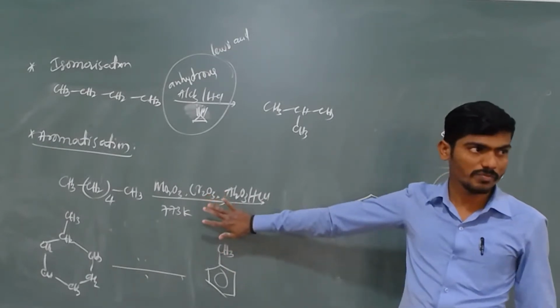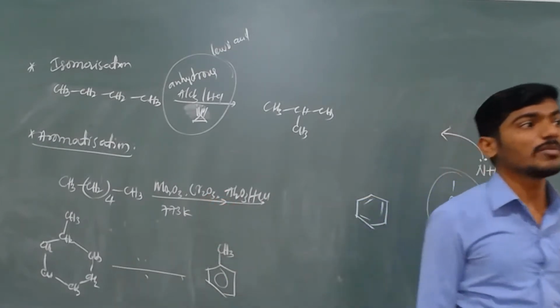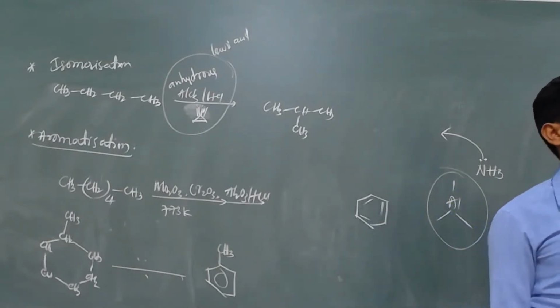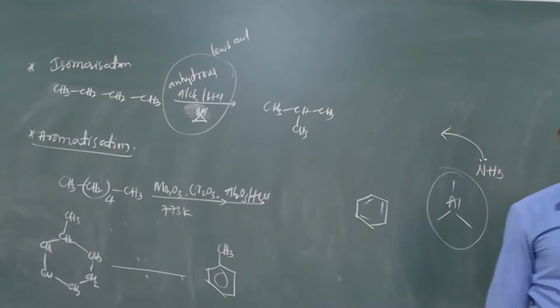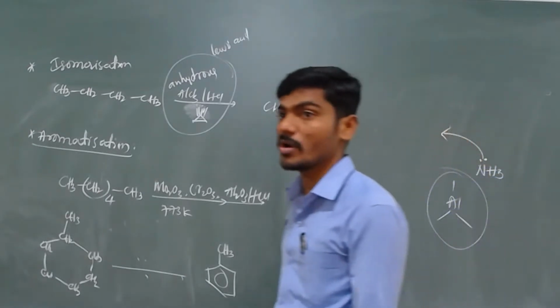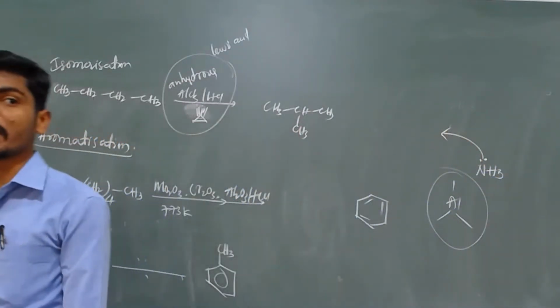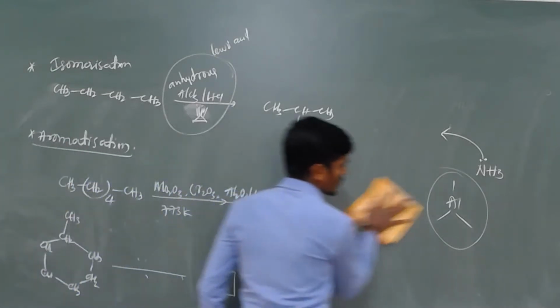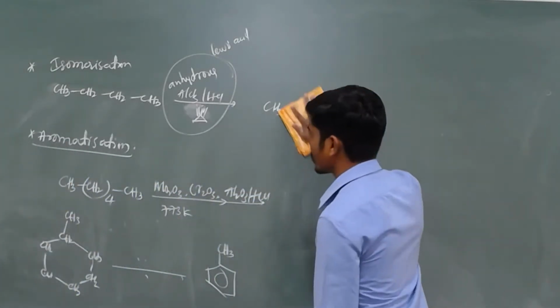We take oxides of d block elements, which are used as catalysts because of variable oxidation states. D block elements behave as good catalytic agents. The last reaction, pyrolysis, is very simple, not a big concept.